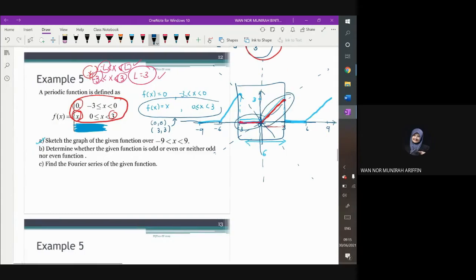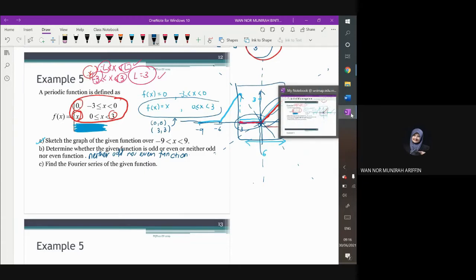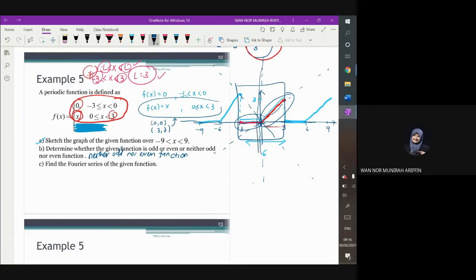So we can say that you have neither an odd nor an even function. If the question asks you to state your reason, or to verify or justify your solution, you can say that this function is not symmetrical at the origin nor at the y-axis. That is how we define it as neither odd nor even.